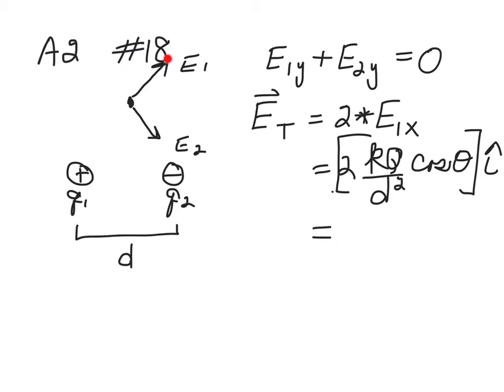And E1 is simply kQ over the distance d squared, but we want the x component. So the x component, that's E1x, that angle is the same as this theta, and for an equilateral triangle, that's 60 degrees. And so the cosine of 60 equals 1/2.